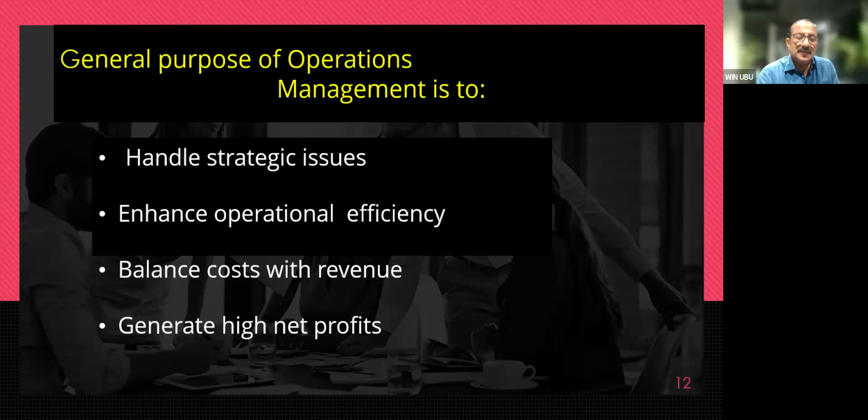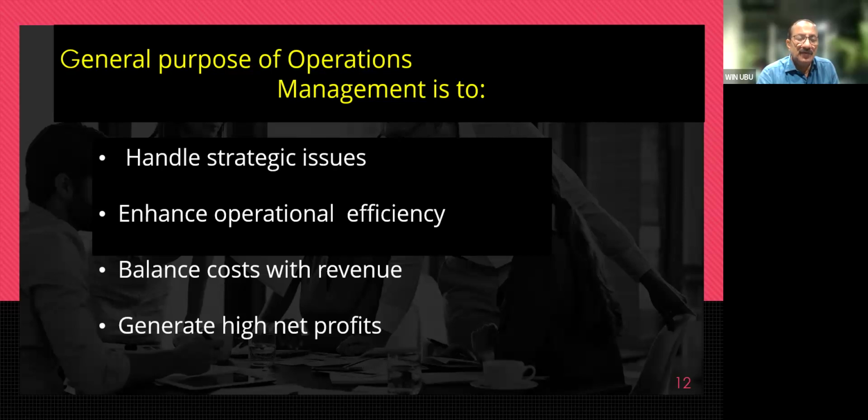Because in that case, operations and human resources may work together mutually to obtain their goals. To enhance operational efficiency, operations has to see or nurture their capacity by attending or learning the new aspects or new spectrum.